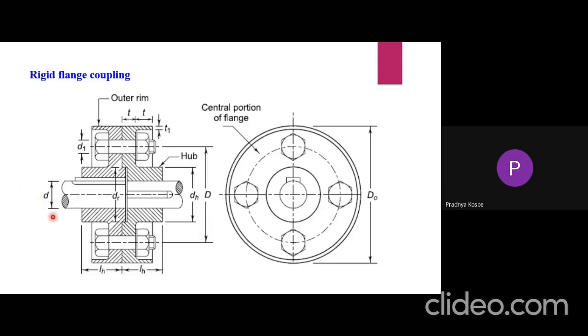Small d is the diameter of the shaft, and d1 is the diameter of the bolt, and Do is outer diameter of the flange. These hexagonal headed bolts are used. So this is the nomenclature which we are going to use while design of a flange coupling.